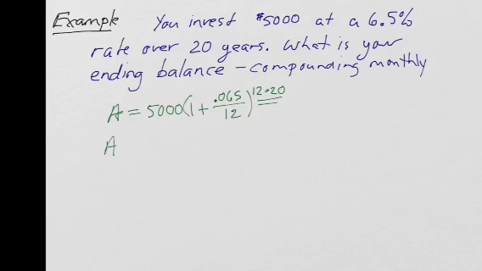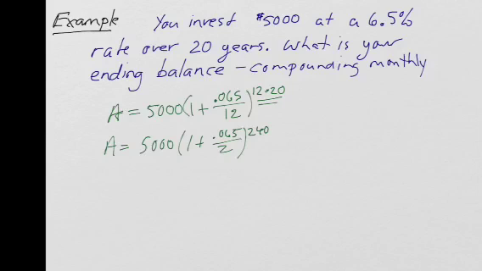So I go ahead and multiply that out first. The rest of this I type in exactly as it looks. But that 12 times 20, that makes 240. My calculator just likes it better when I don't have multiplying going on in my exponent.